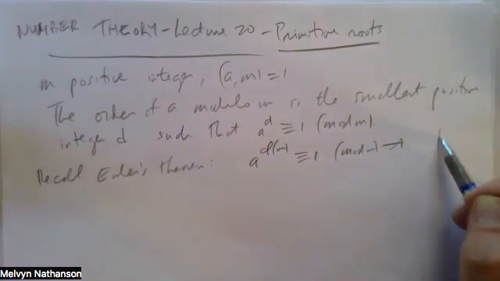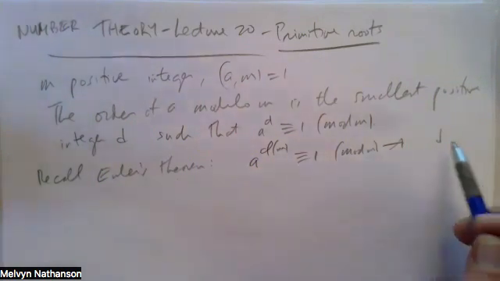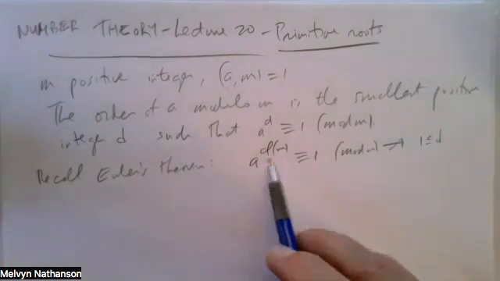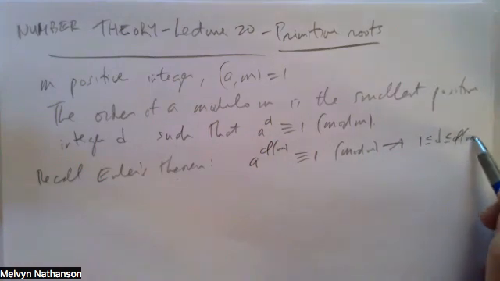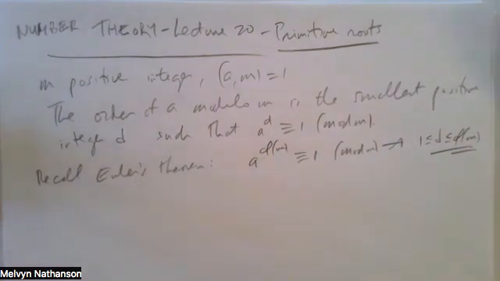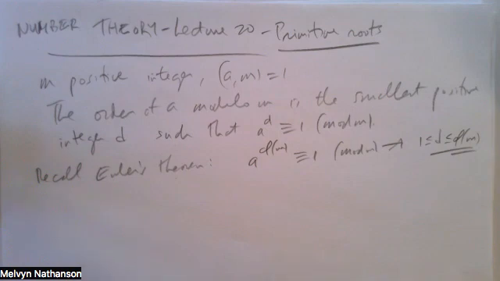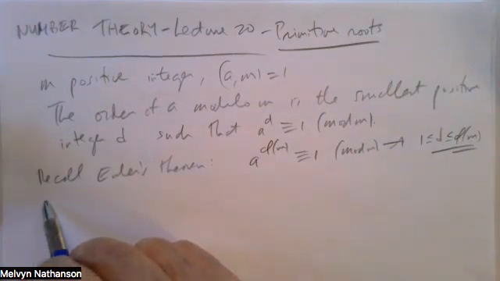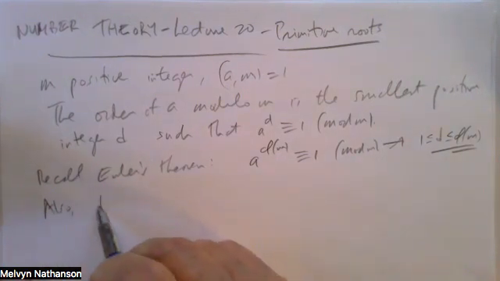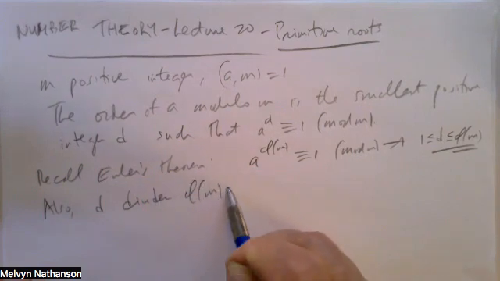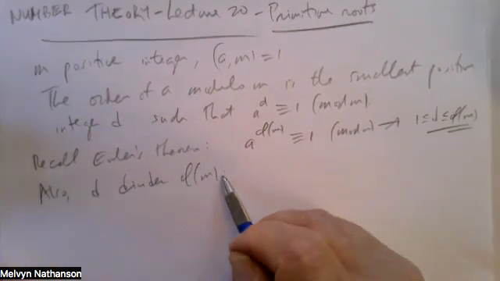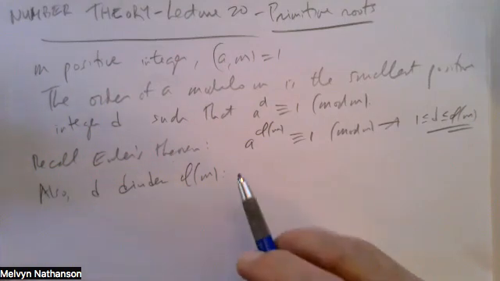So this integer d is no bigger than phi of m. Moreover, d divides phi of m. And we saw this previously, but I'll show it again.